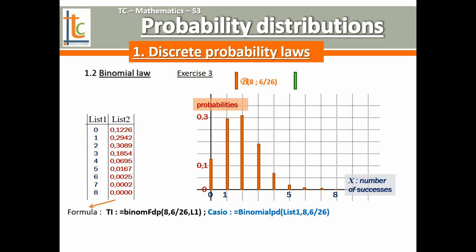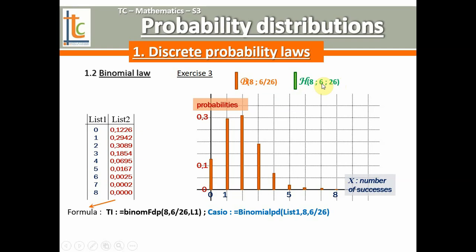Let's now compare them to the probabilities that we obtained in the former video on the hypergeometric distribution. I took the same numerical example with 8 attempts, 6 success elements in the initial population, and 26 elements in total in the initial population.